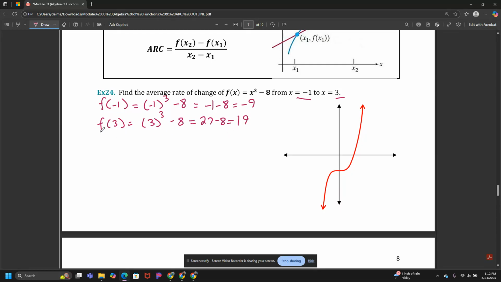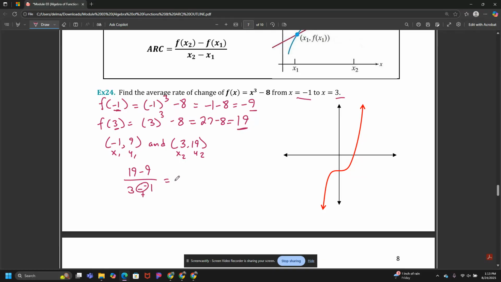19. So now I'm going to write my ordered pairs. I have negative 1 and negative 9, and 3 and 19. I'm going to label it x1, y1, x2, y2: 19 minus negative 9 over 3 minus a negative 1.